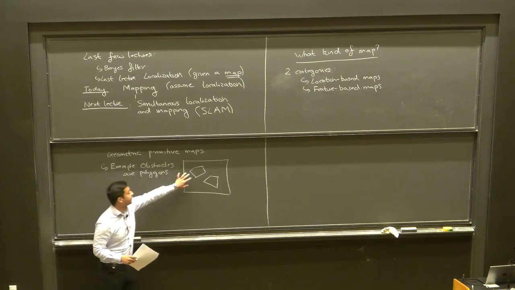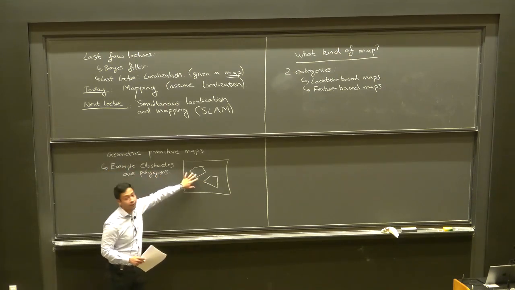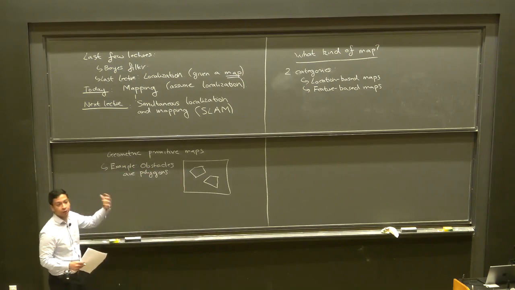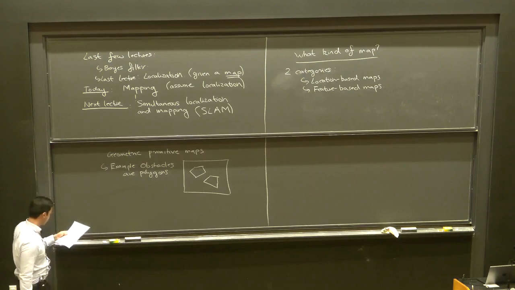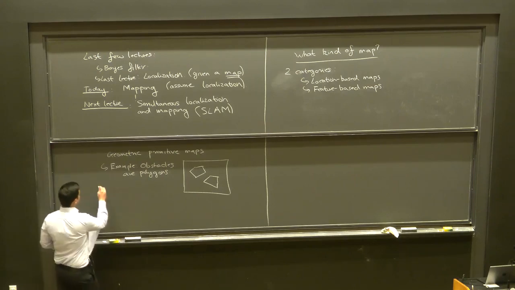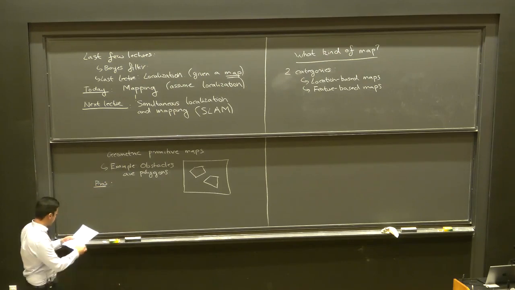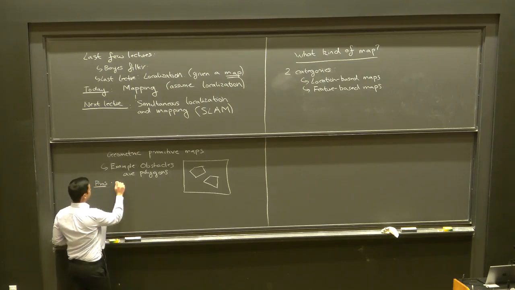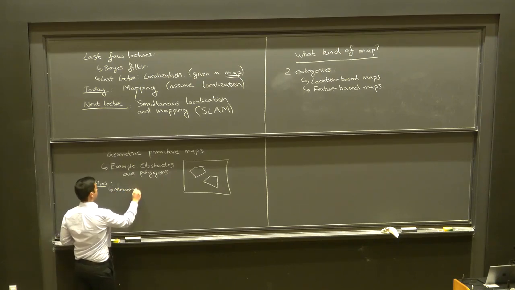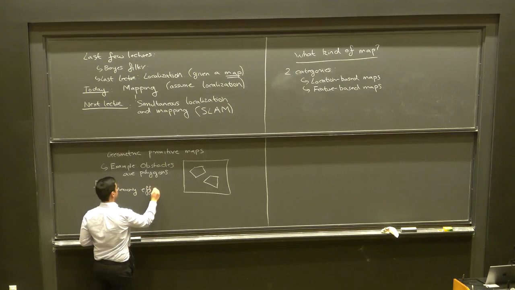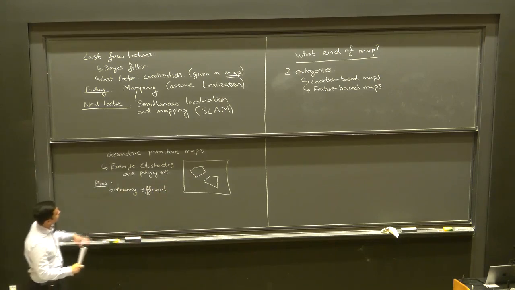So every obstacle in the environment we're going to represent as a union of polygons or a union of spheres, or more broadly a union of some primitive objects. And the benefit of this kind of representation is that it's relatively memory efficient, or it can be relatively memory efficient.